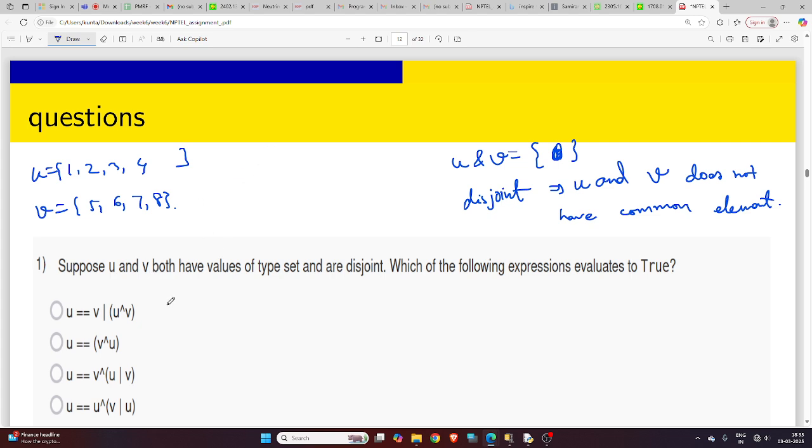Now you can see that at the very first it says u equals v, this is union, and then u to the power v, that means exclusive or of u and v. So first we will take u exclusive v. Can you tell me what will be the value of u to the power v for this case? 1 2 3 4 5 6 7 8.